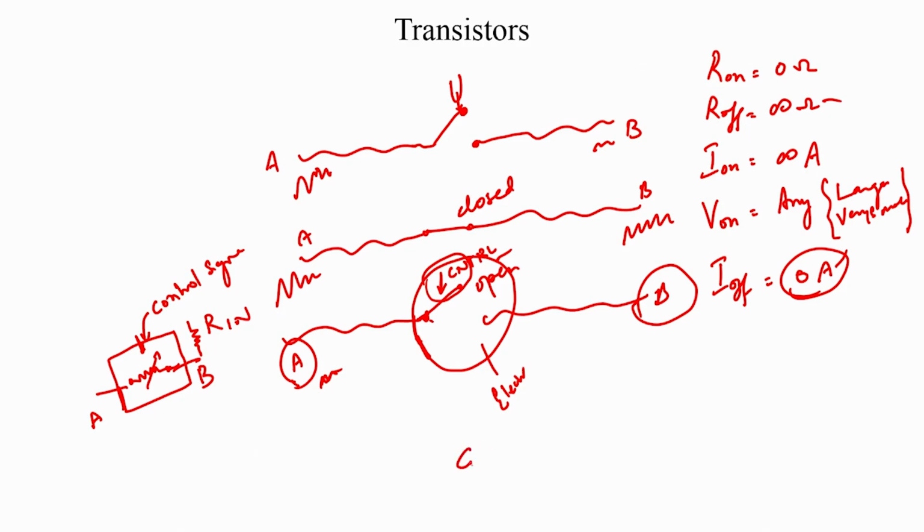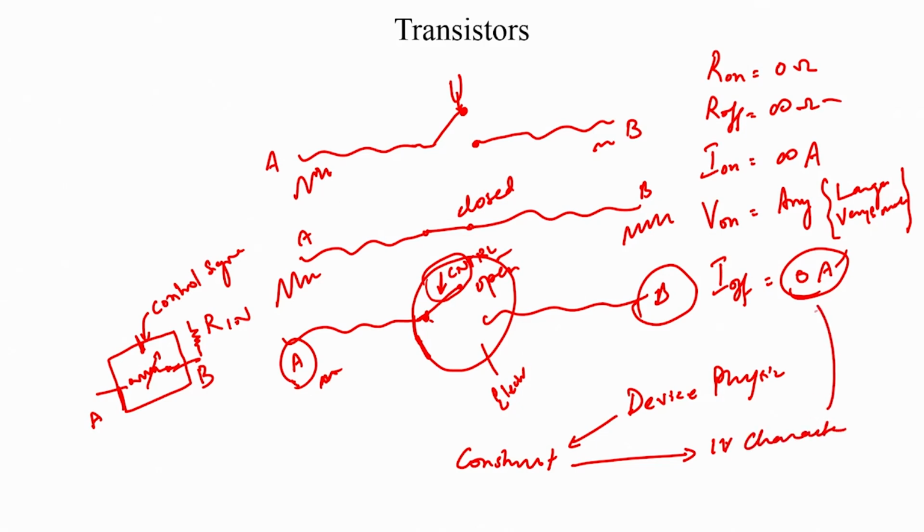We are going to firstly construct a transistor, then use all our tools of device physics on this construct, and then from here extract your IV characteristics, so the current voltage characteristics, and see whether it matches these properties that we desire. Okay. And if it does not, we will try to improve upon it or try to find the reasons as to why it does not. Okay. So, that is the exercise that we are going to pursue.